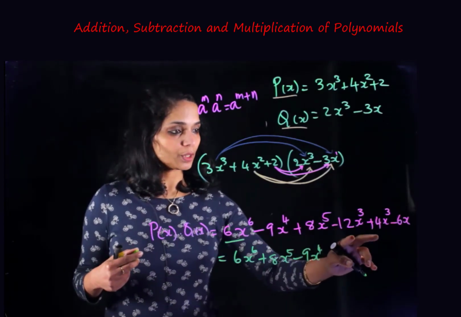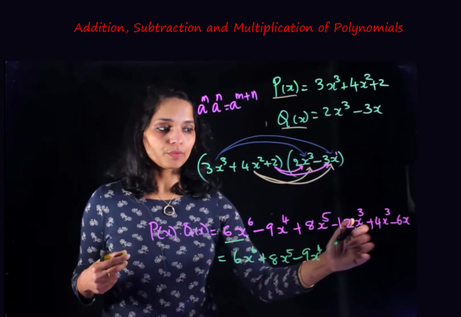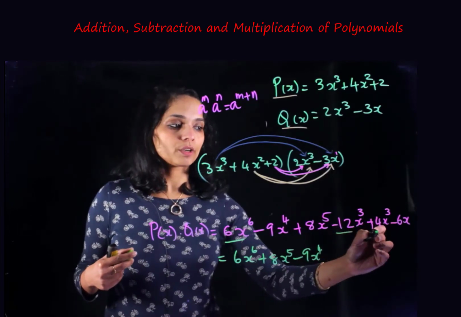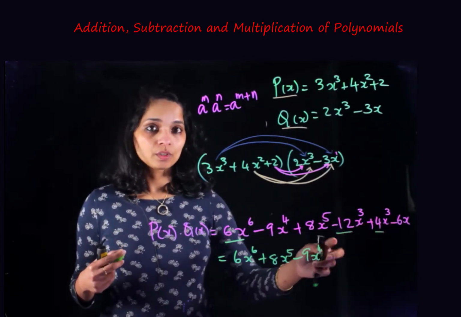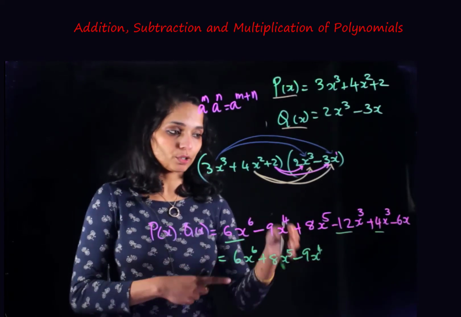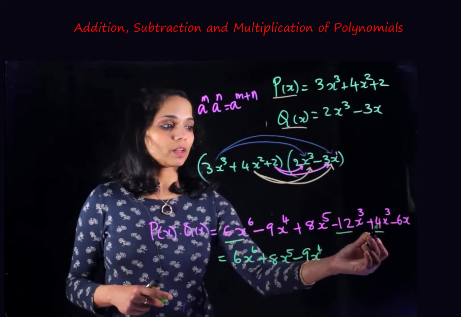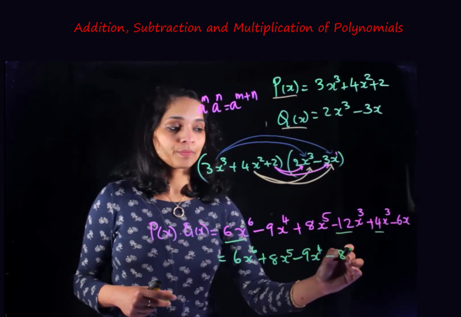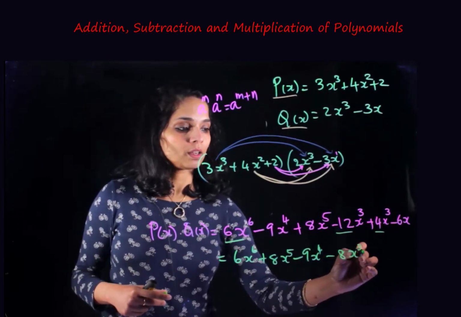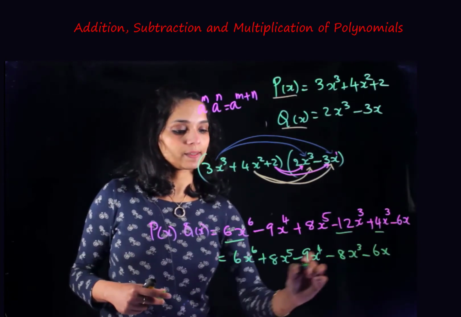Looking for x³ terms, you have two of them, so you need to add these coefficients together. Minus 12 plus 4 is minus 8x³, and then minus 6x.